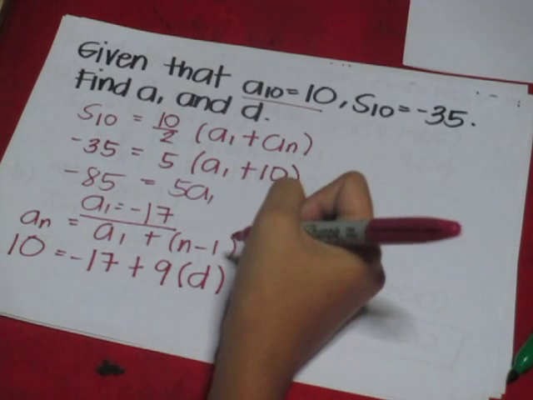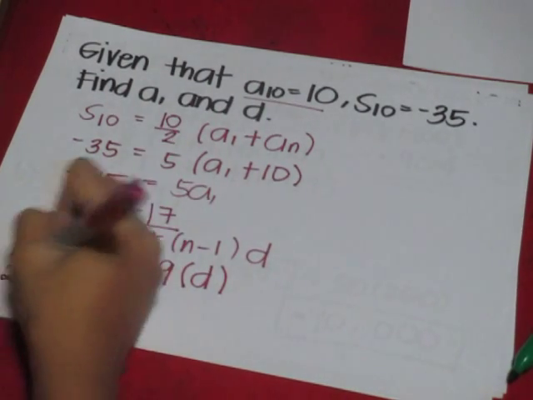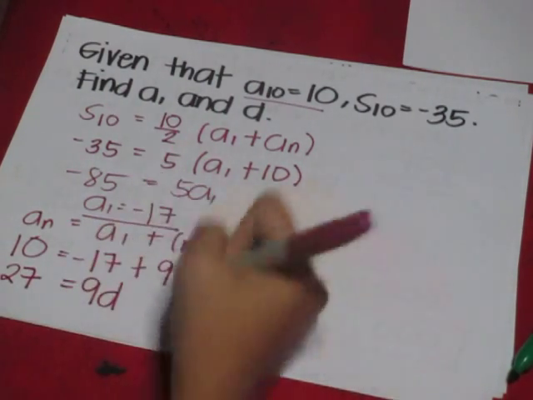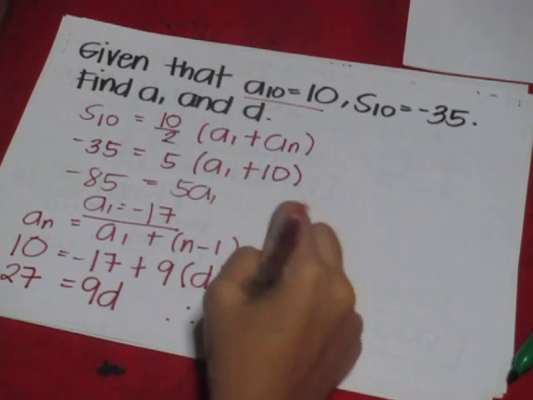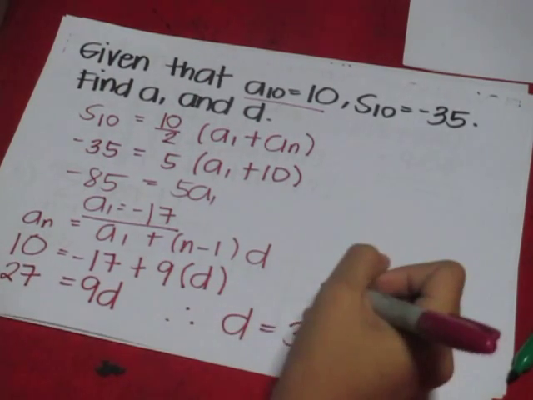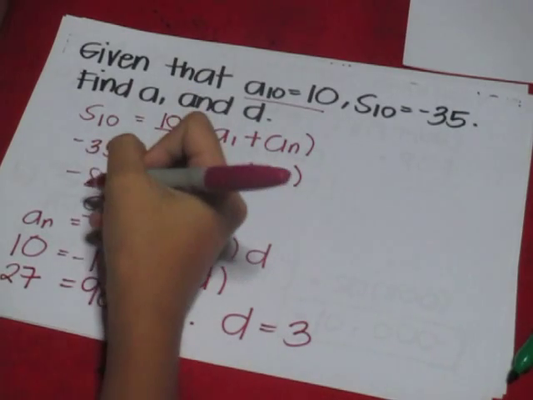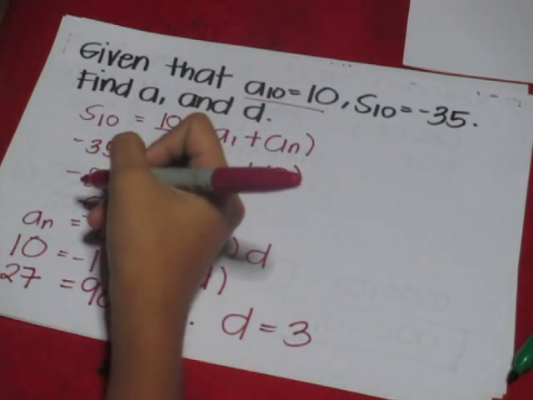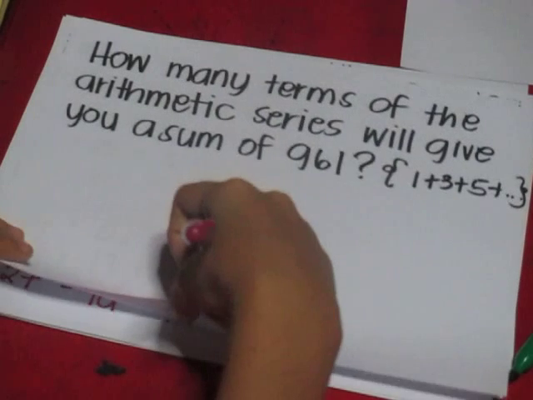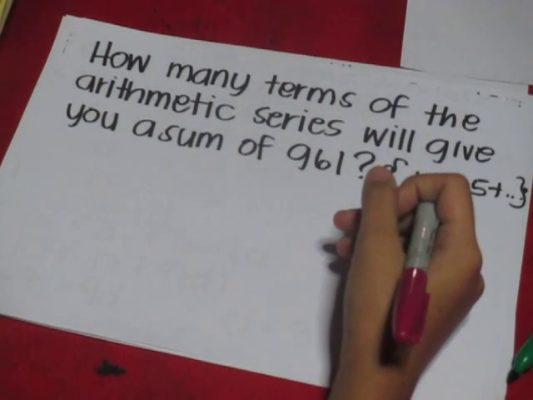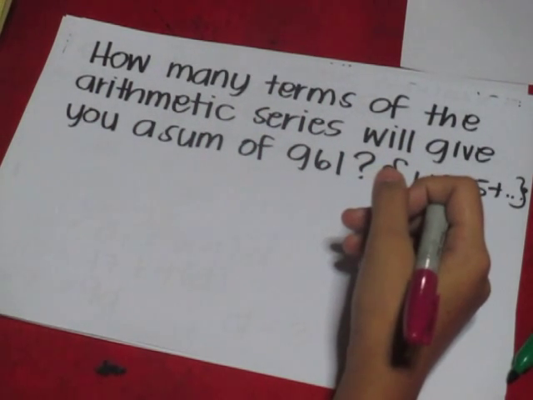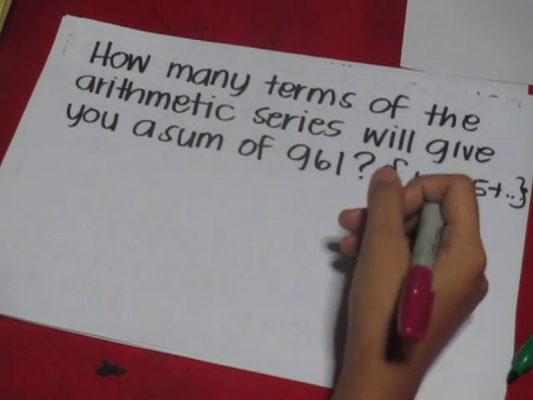So that's 27 is equal to 9d. Therefore, the common difference now is 3.